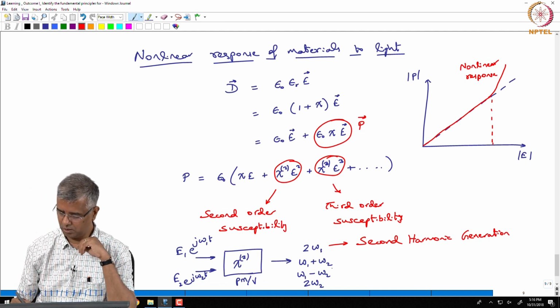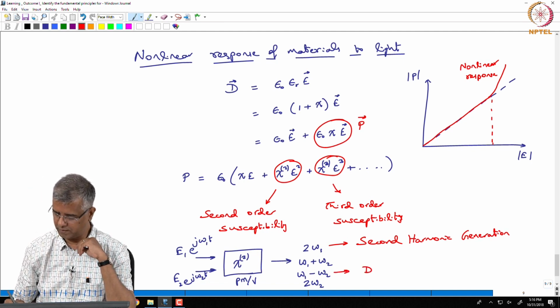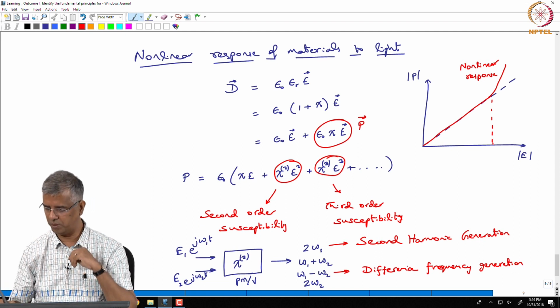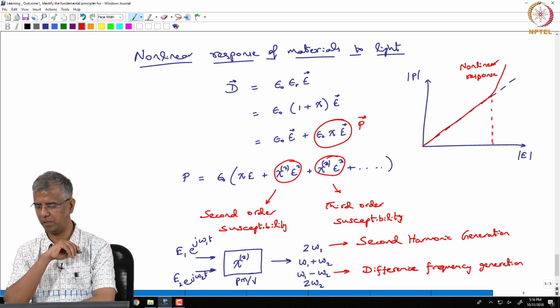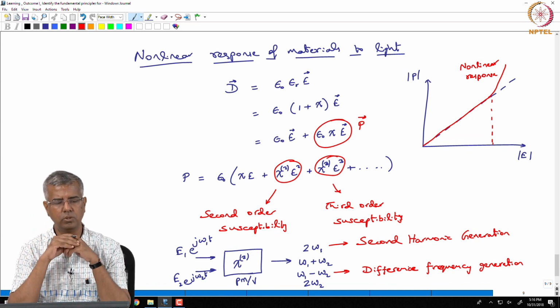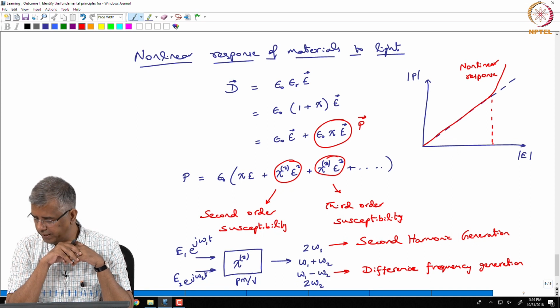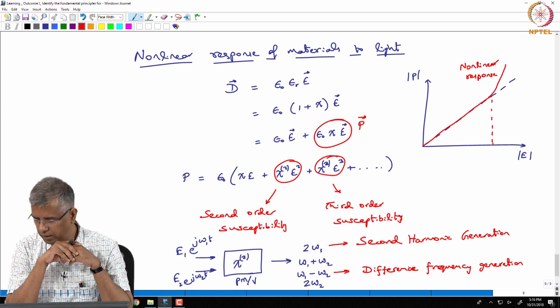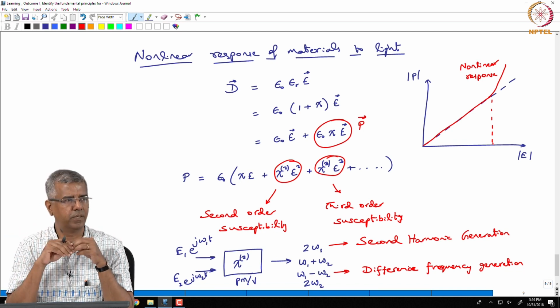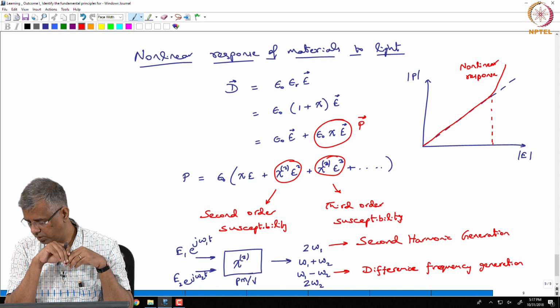And you could also do some frequency generation, and more importantly difference frequency generation. I say more importantly difference frequency generation because normally it is very difficult to achieve lasers that work in the mid-infrared and far-infrared region. Okay.